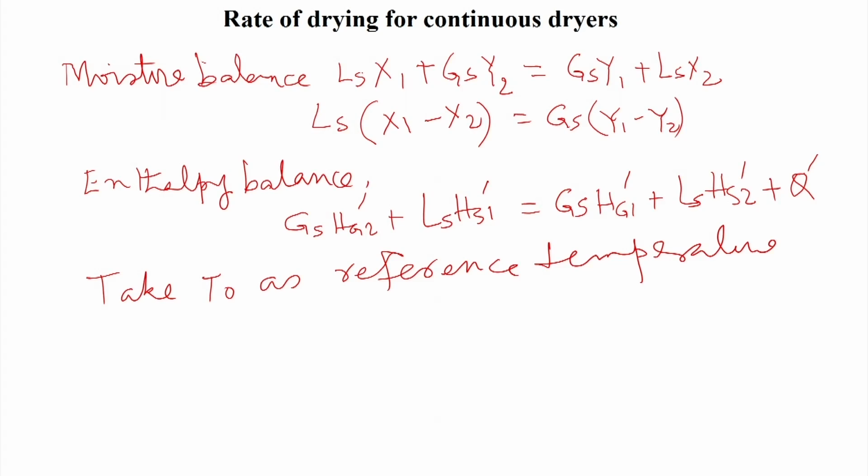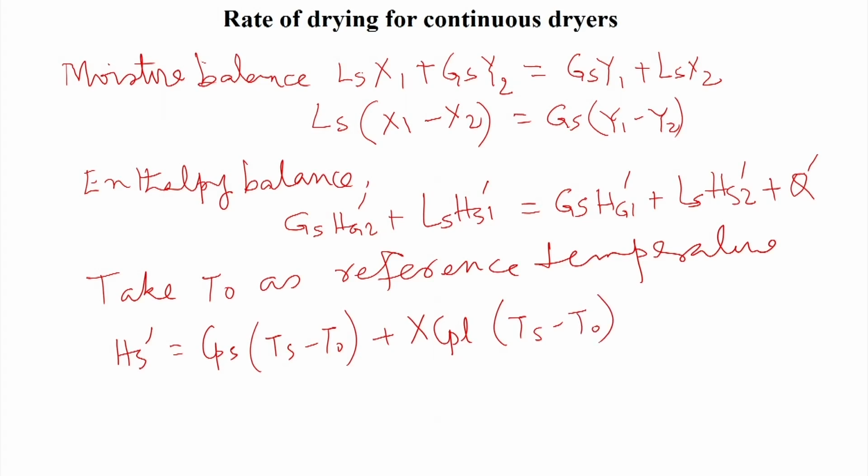Then we need to calculate this Hs prime value from the specific heat values. We can say Hs prime is equal to Cps into (Ts minus T0) plus x into Cpl into (Ts minus T0).